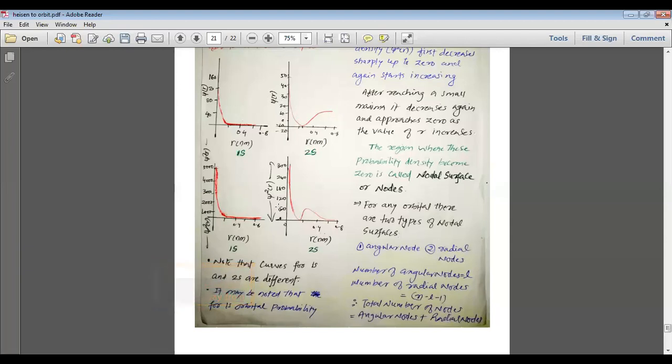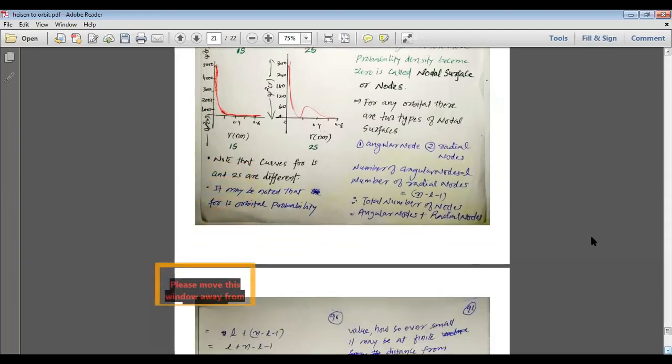If you look at the probability of finding the electron, that is psi square r versus r, the value is very high near the nucleus, but as we move away it reaches a minimum, then goes to a higher value and reaches a maximum, and again comes down and goes very near zero, or reaches the minimum value. So this is what we should understand from this graph.